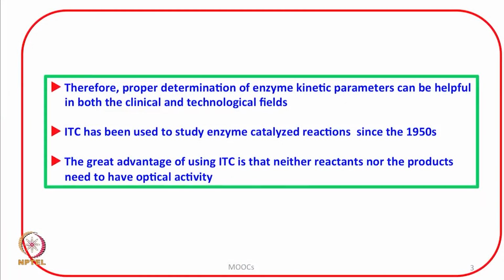Another great advantage of using isothermal titration calorimetry is that neither reactants nor the products need to be optically active. So, therefore, isothermal titration calorimetry offers an important platform, an important methodology even to study the rates of the reaction.